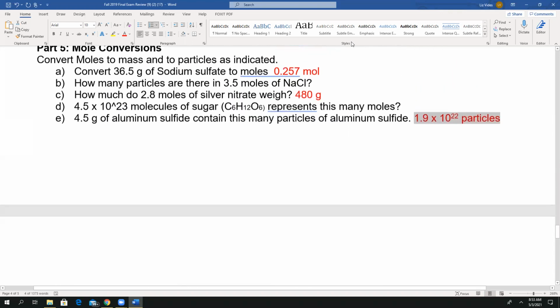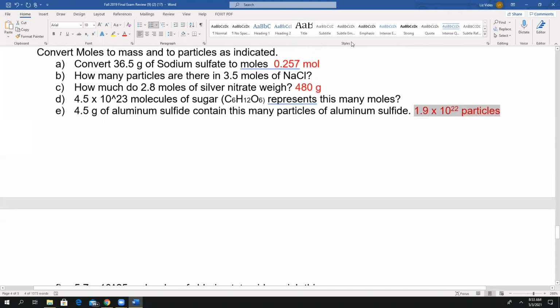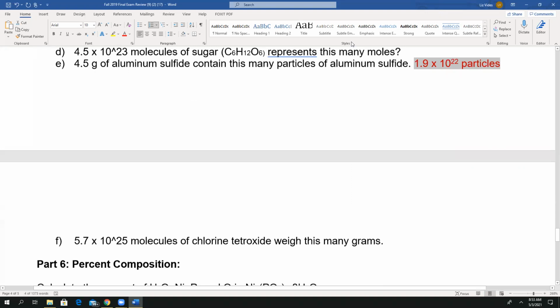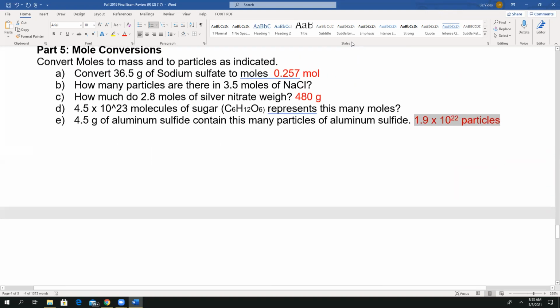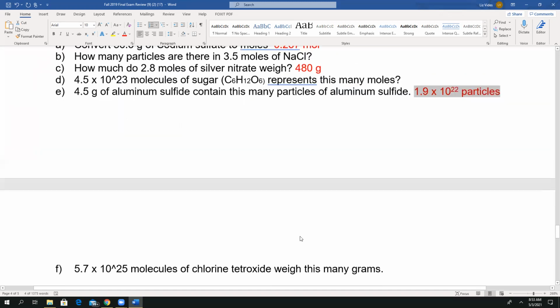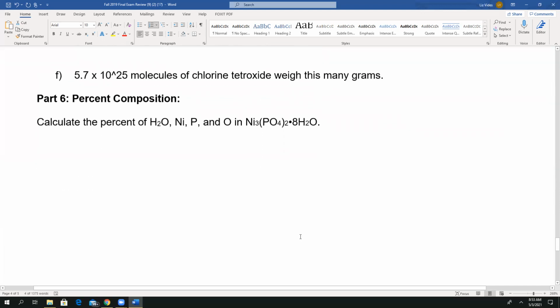All right, we'll have one more. Now, we have a total of 7, I think. 1, 2, 3. No, it's 6. And I've done 3, so that's good enough. All right, so you need to do percent composition.